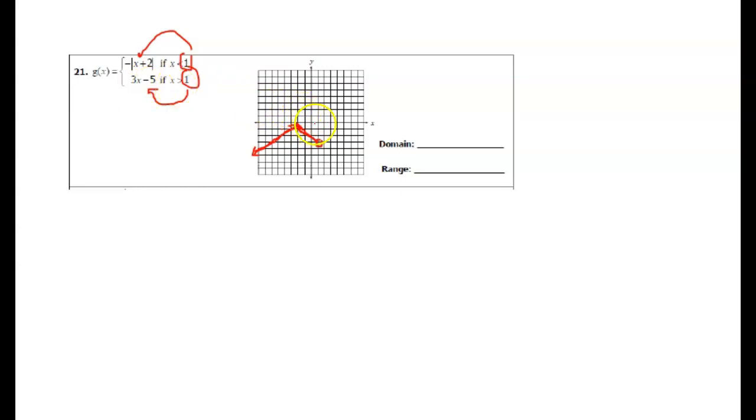So I know at -2, that's when my line starts. So at 1, -2, right here. And the slope of my line is 3. So I know this is going to just go up 1, 2, 3 over 1. So my line is looking like this.